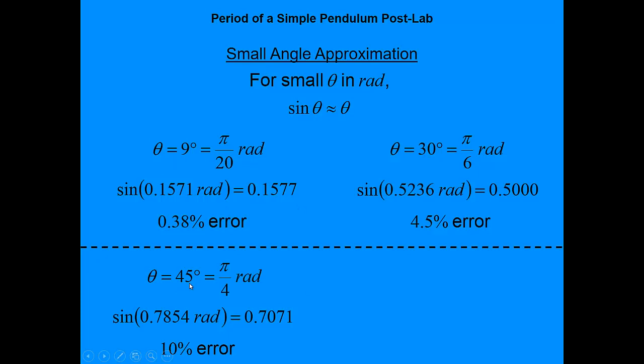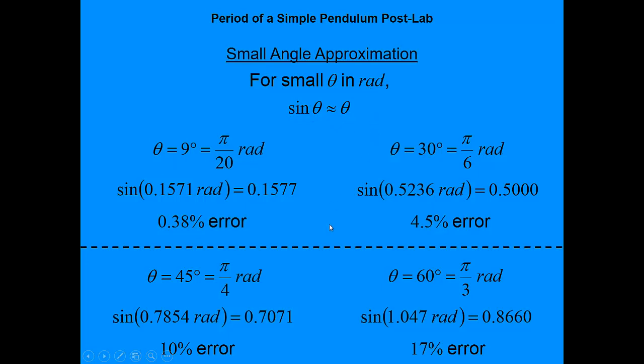But again, I hope you came nowhere near having that big of an amplitude. And if we go even bigger, 60 degrees, pi third radians, now we're going to get 17% error, right? So essentially, if you use a small angle, we can replace the sine of theta with theta in radians. Right? Key there is we got to do radians.